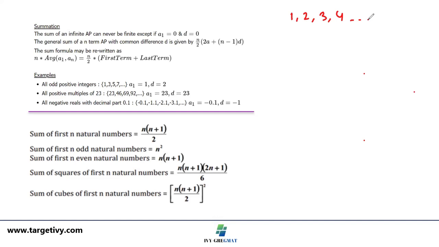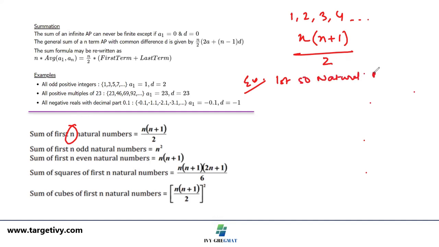Now the question is the sum of the first n natural numbers. If there are n natural numbers, then the sum of n natural numbers will be n into (n plus 1) by 2. Let's take an example: the sum of the first 50 natural numbers. This means it starts with 1, 2, 3, 4, 5 till 50.